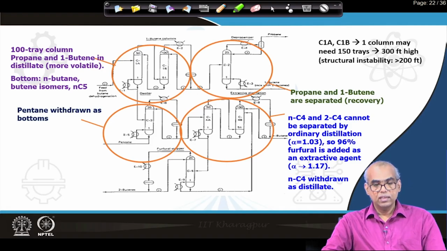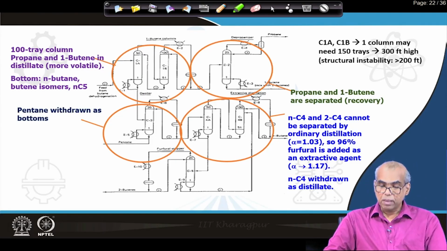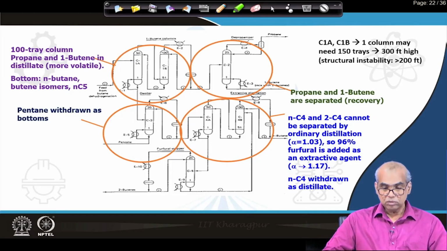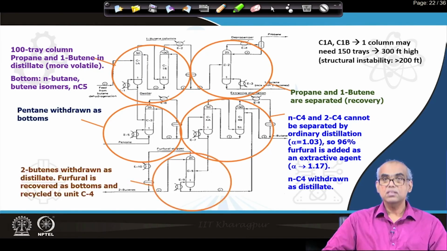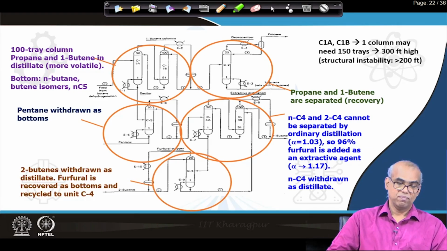So, what we do here, instead of performing ordinary distillation, we perform extractive distillation. So, 96% furfural is added here as extractive agent. This enhances the relative volatility to about 1.17. So, it is now possible to separate N-butane as distillate. The bottom, which is 2 butenes and furfural, is sent to the column C5.